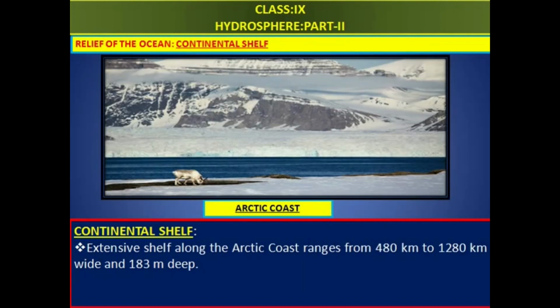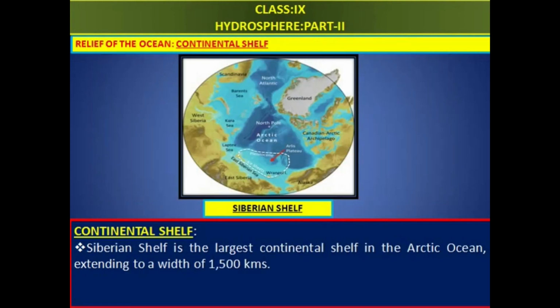Extensive shelf along the Arctic coast ranges from 480 km to 1280 km wide and 183 meters deep. The Siberian Shelf is the largest continental shelf in the Arctic Ocean, extending to a width of 1500 kilometers.